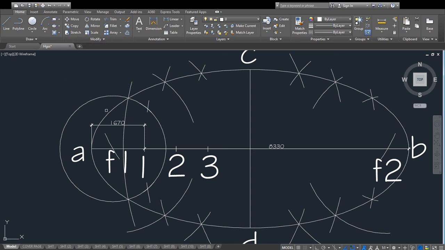That means if your measurement is wrong, your point will go in or off the elliptical curve. Okay, so please be careful as you take your measurement.